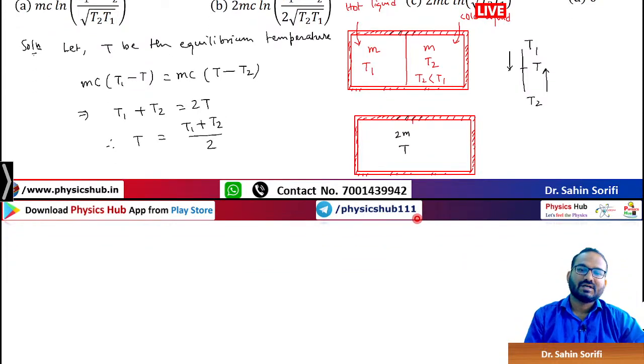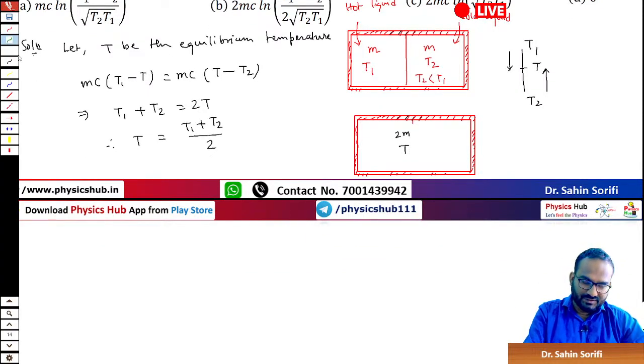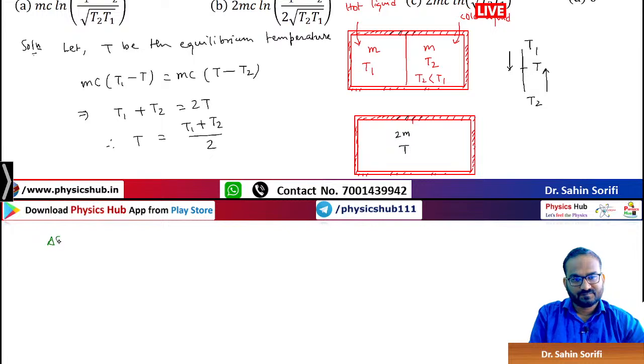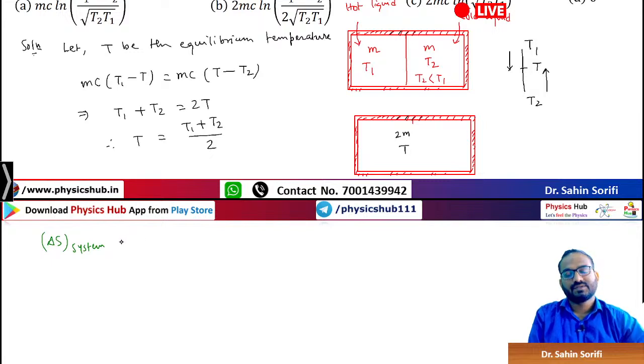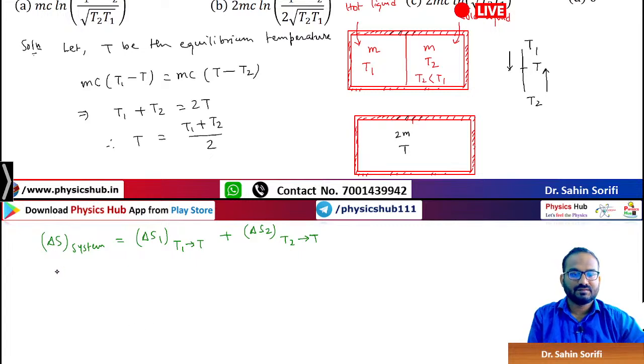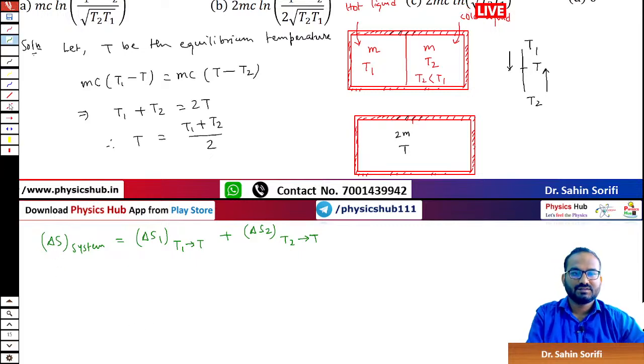So we are trying to find the change in entropy of the system, delta S of the system. It is the sum of delta S1 in going from T1 to T, and delta S2 in going from T2 to T. This is the total entropy change of the system.